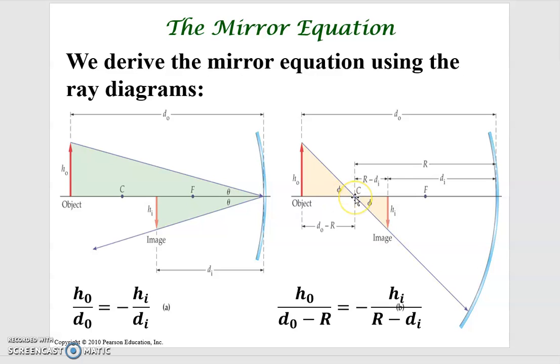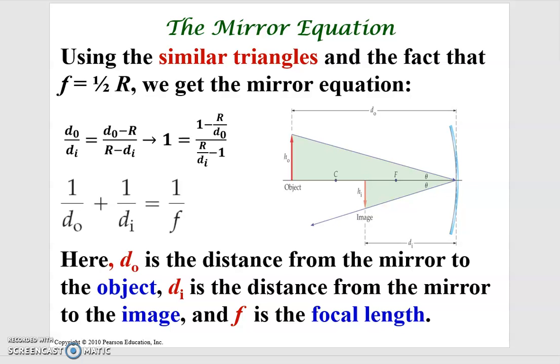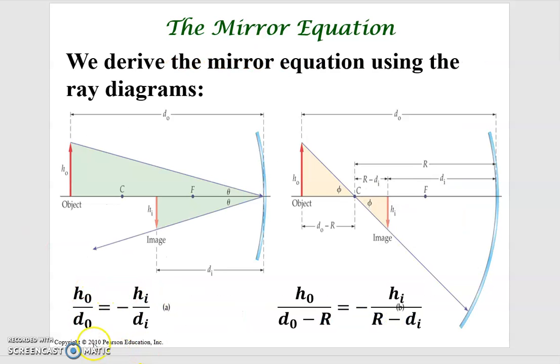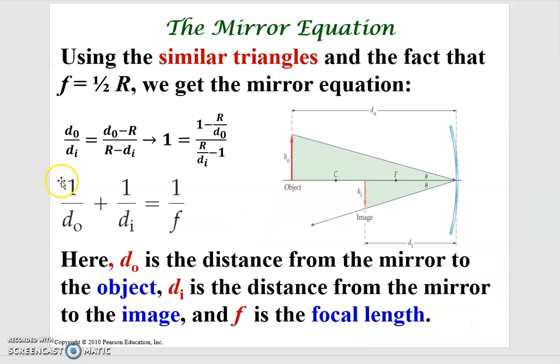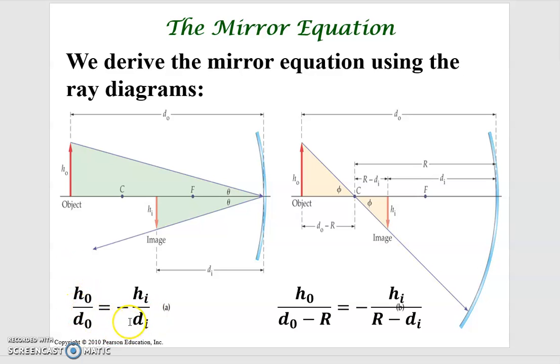So now the ratio for the first triangle will be the same as the ratio for the second triangle. So it should be H0, but it is negative H0 now, divided by the R minus DI. Now these two ratios should be the same again. So now, based on these two results, you can rewrite this equation in terms of H0 divided by the HI.